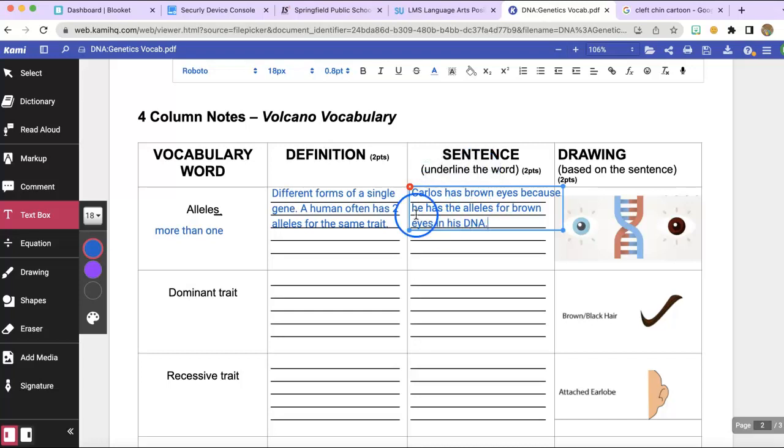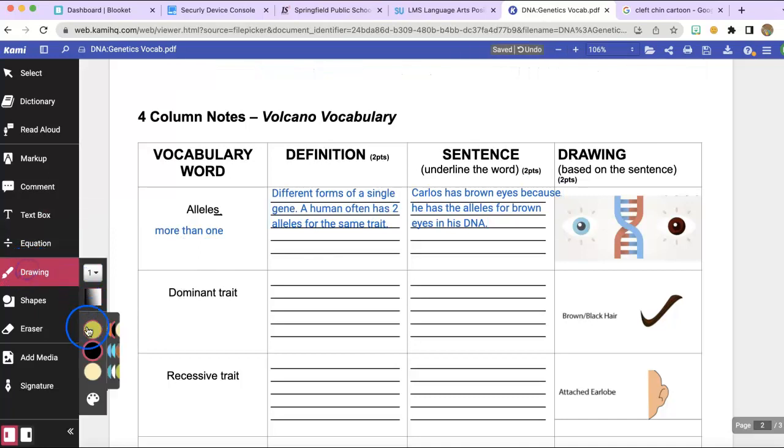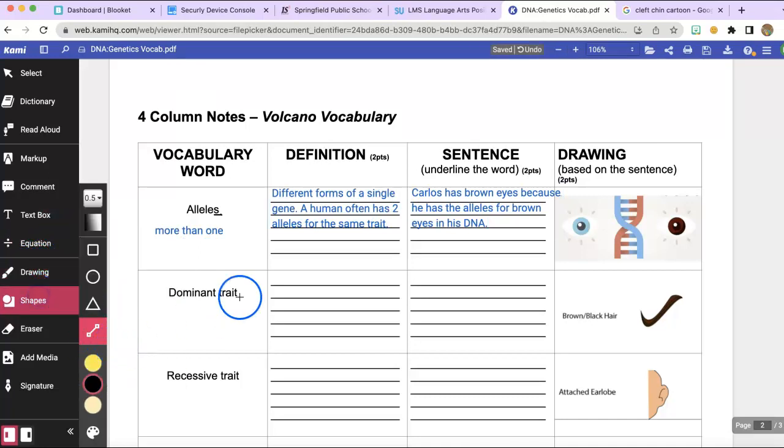Period. And I'm not going to forget this time. I'm going to hit my line tool, and you're going to take your pencil and go and underline alleles.